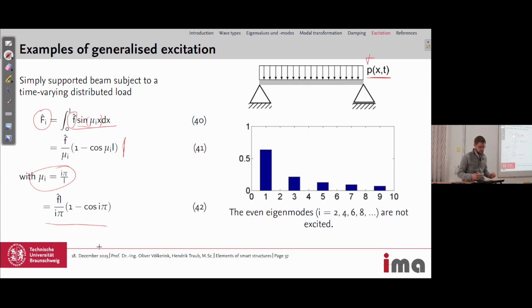and then we can have a look at the different generalized excitations F for different eigenmodes. And if we put in different values for I, which would be first eigenmode, second eigenmode, and so on, then we see that the even eigenmodes result in 0 here, because cosine of 2π would be 1, and then we have 1 minus 1, we have here 0, and with that we have in total 0.